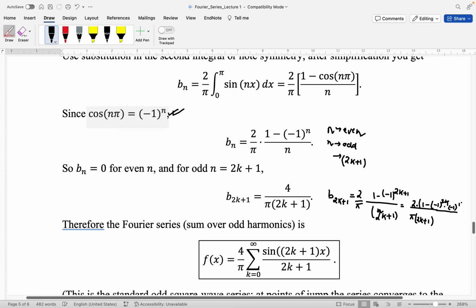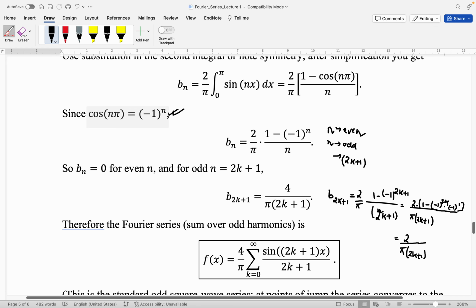You can write it like this. So this is the same, 2 divided by pi into 2k plus 1. But you see this (-1) to the power 2k, that means you start from k with 0, so it is 2 into 0, 0, so (-1) to the power 0 is 1.